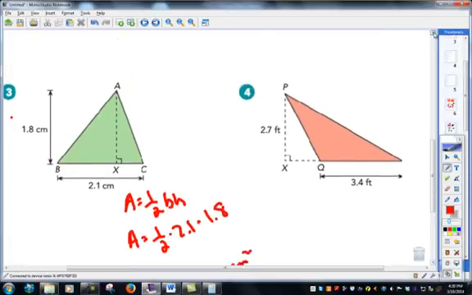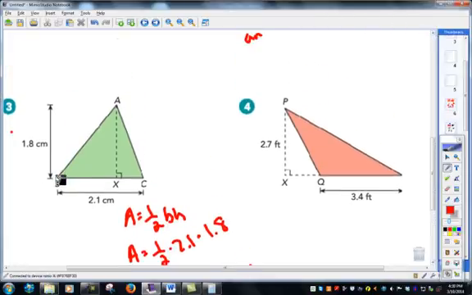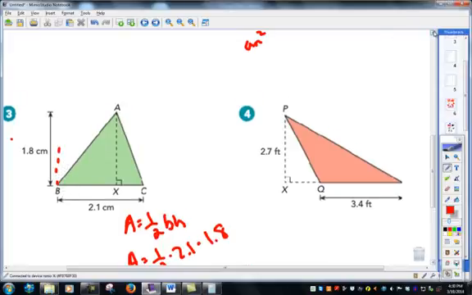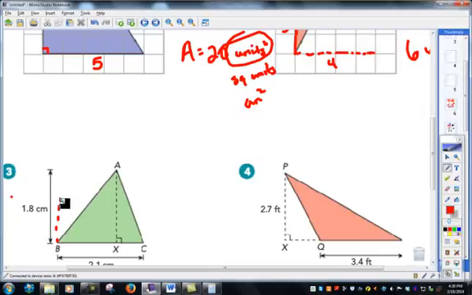Now, real quick, let me show you where the rectangle is here. Remember, I told you that every triangle can be made into a rectangle, right? There it is. And there's your two rectangles. What I'm showing you is what I have in red there.